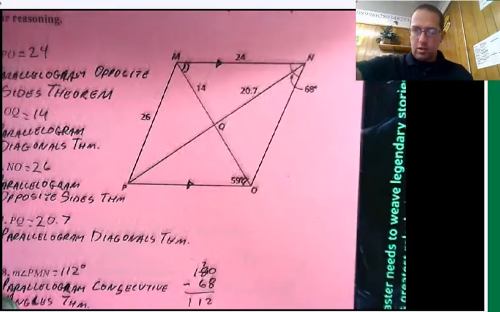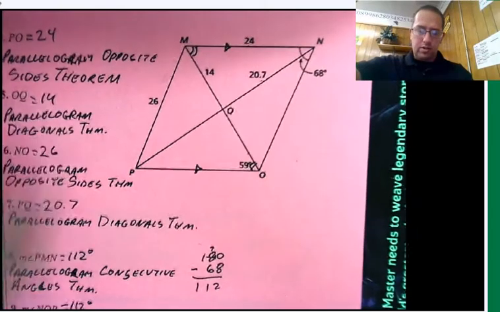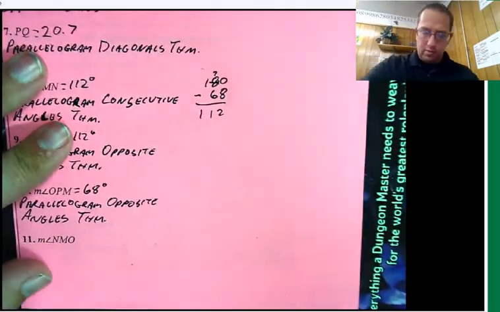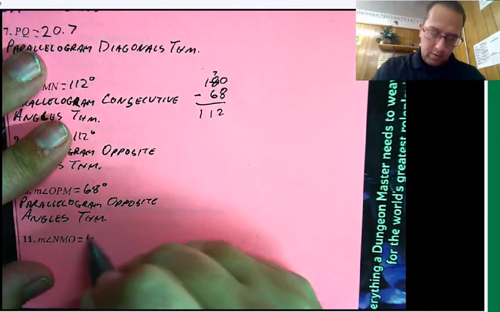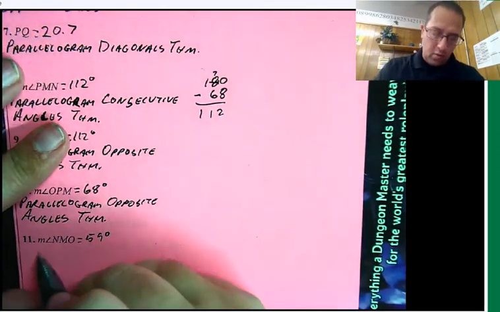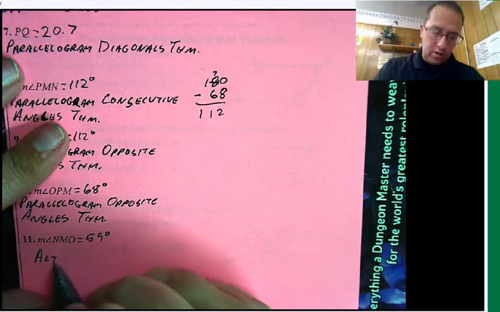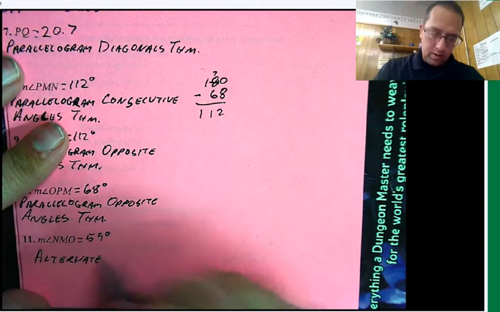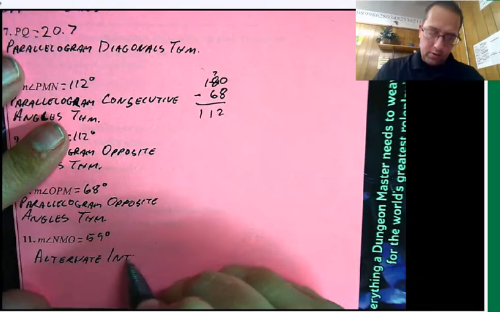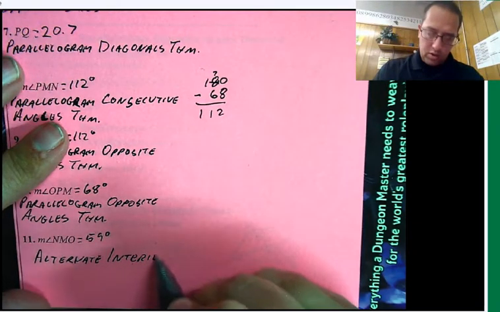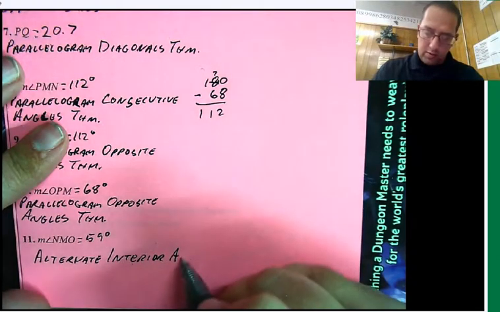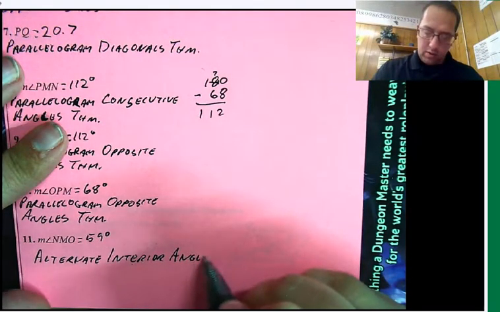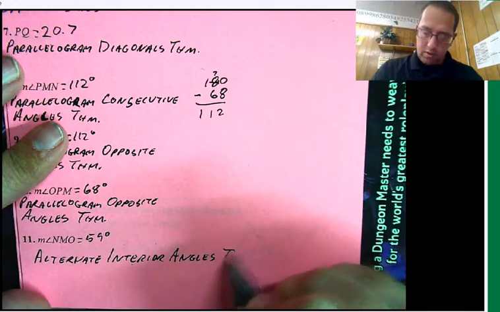All right, so here we go. Let's move this down. What was that? That was 59 degrees. All right, move my paper. It's not behaving. There we go. So this is going to equal 59 degrees. Why? Because of the alternate interior angles theorem.